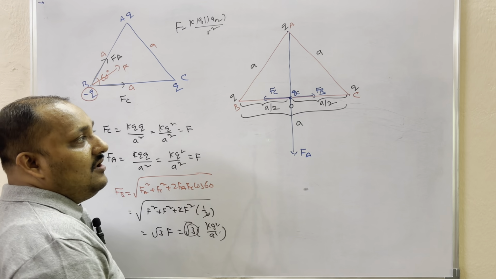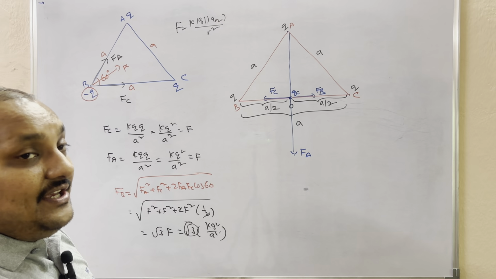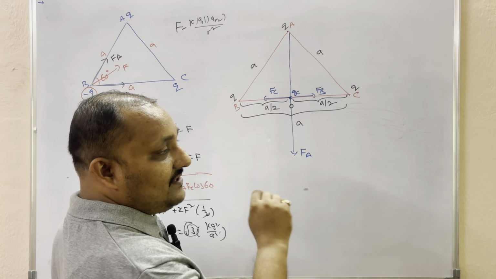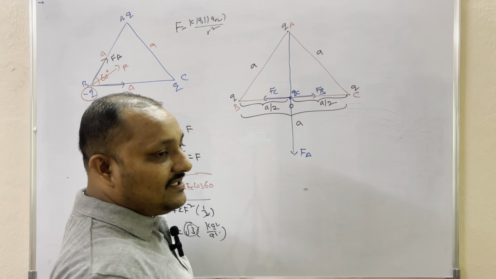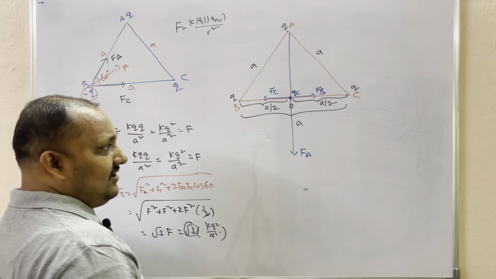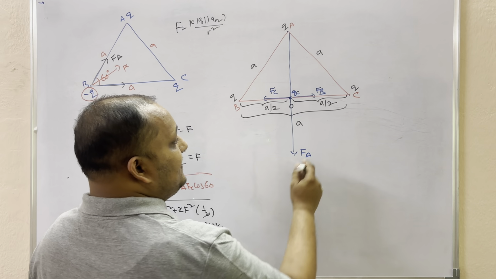So now at O, how many forces are there? 3 forces are there. But we can find the resultant only for 2 forces first of all. So first calculate for 2 forces. Next we will do another resultant with those 2 forces. Whenever you are doing, first write what is FB.